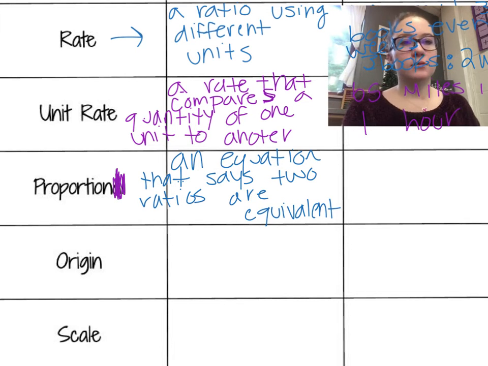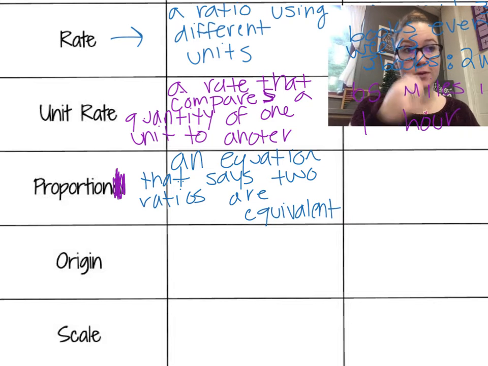So they're equal, right? An equation says that things are equal.